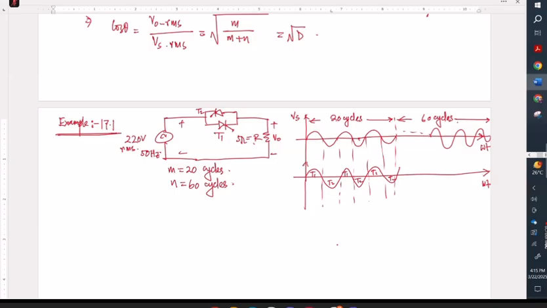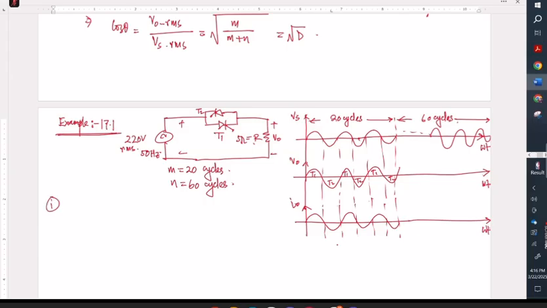And since this is a resistive load, this is your V naught. And what should be your I naught? I naught should be the same thing, the output voltage, but reduced by the amount of resistance, right? So your output current will be like this. So that should be your output current. Now, they are saying that you have to find the output voltage.